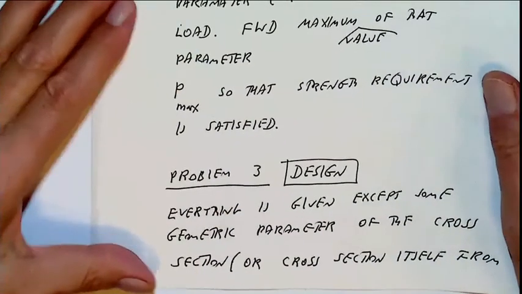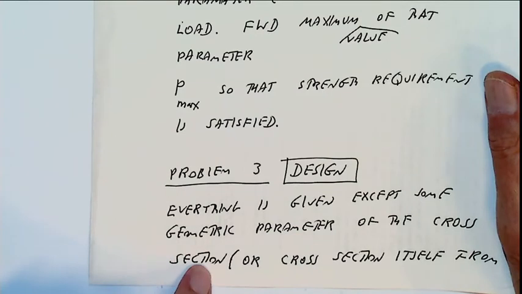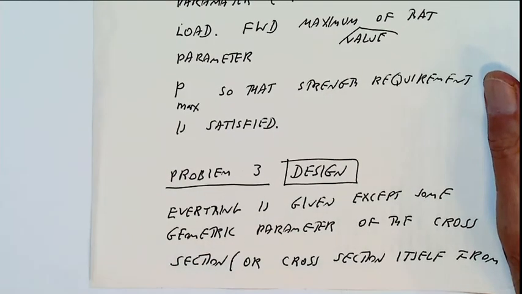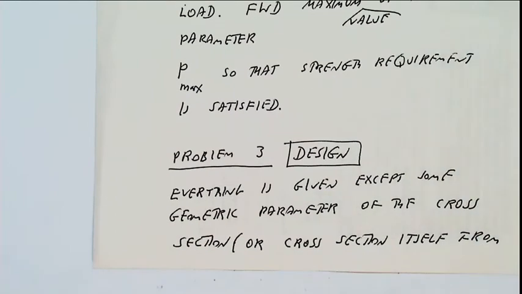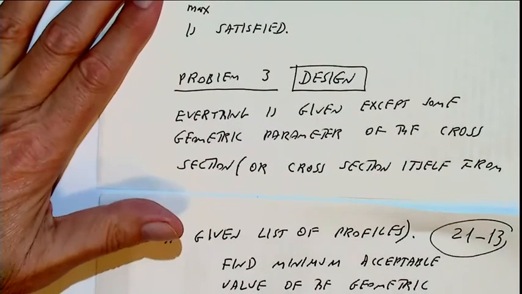Everything is given except some geometric parameter of the cross-section, or the cross-section itself from a given list of profiles. For example, it says only that it is an I-beam, but does not say which I-beam.